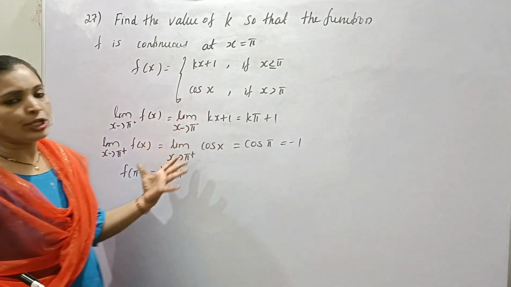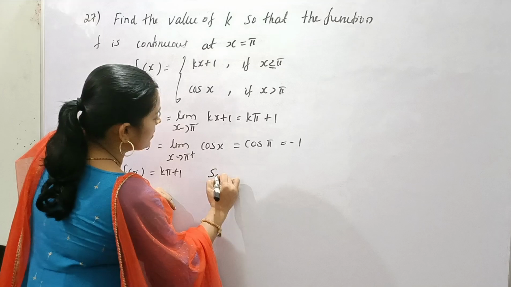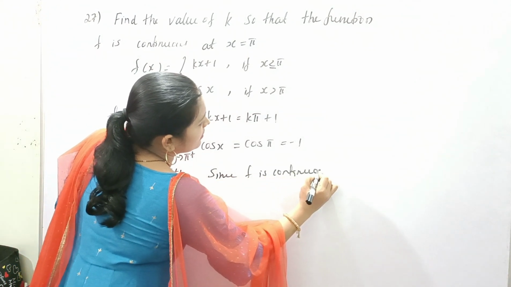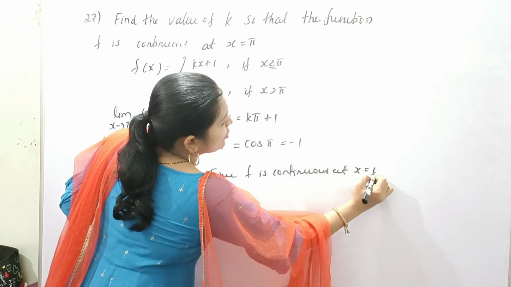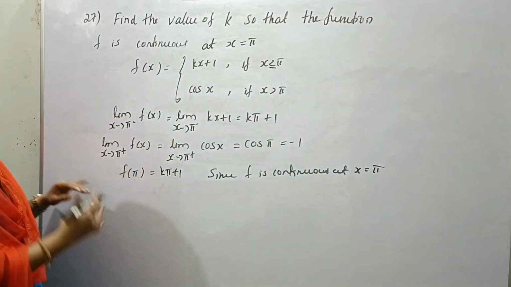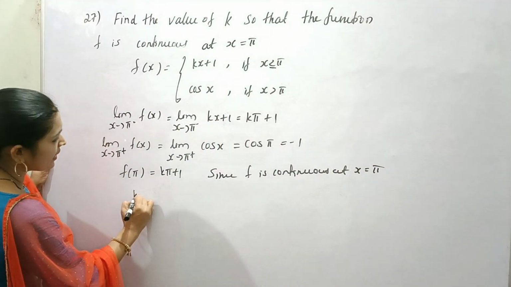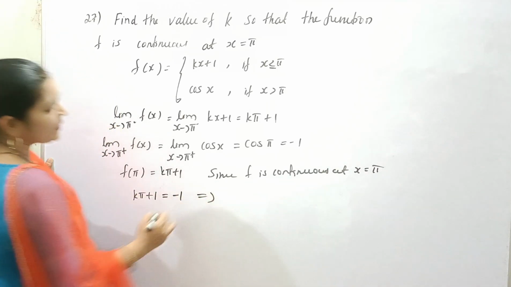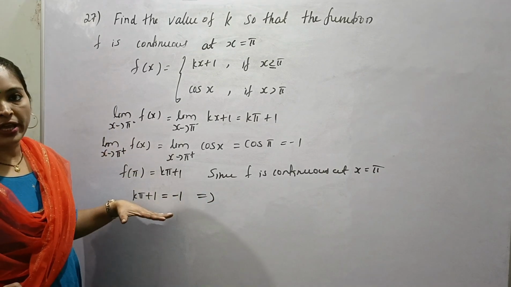So since f is continuous at x is equal to pi, these are equal, right? Therefore, k pi plus 1 is equal to minus 1. Here we need to find the value of k, right?